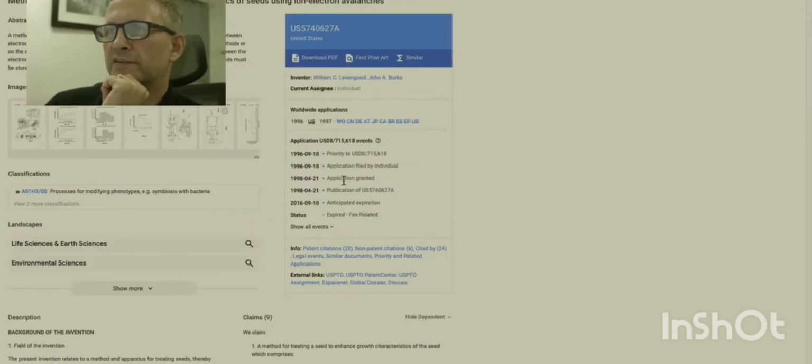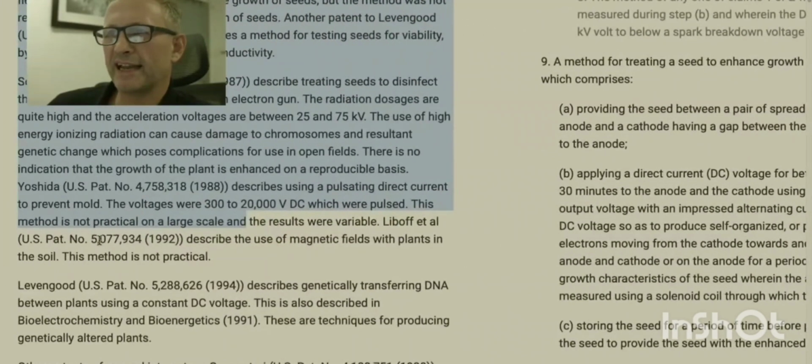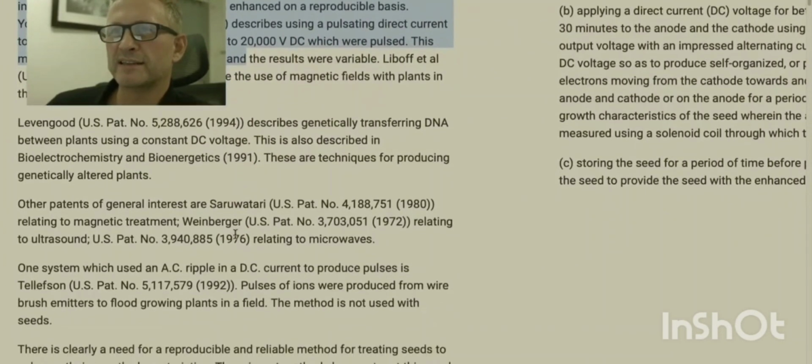So this is actually priority 1996. In 1994, he describes genetically transferring DNA between plants using constant DC voltage. So this is before he's really considering what his findings are in crop circles, and it was based on his paper in 1991. So this is before he was really studying crop circles.